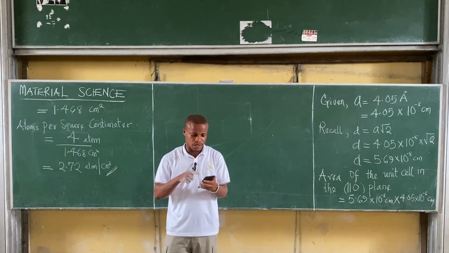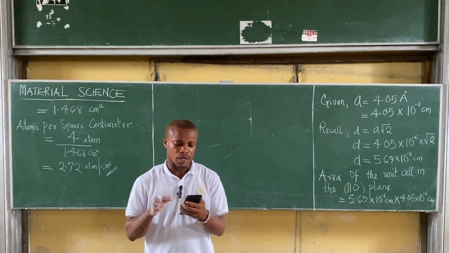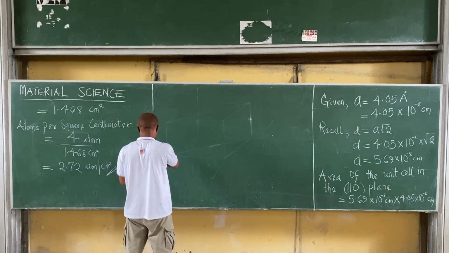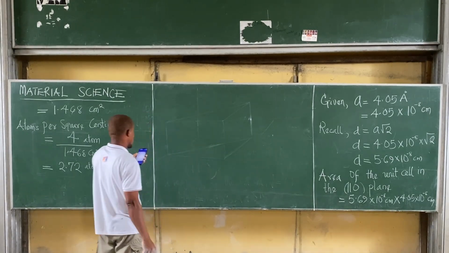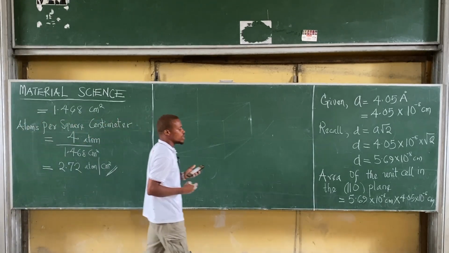Calculate the interplanar spacing between the plane 110. So the spacing between the Miller indices XYZ or HKL.